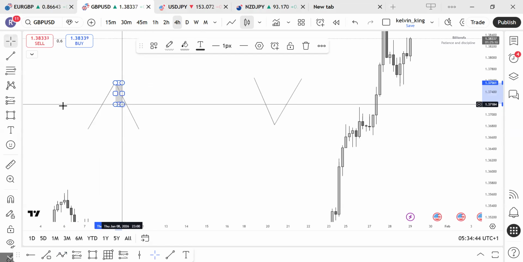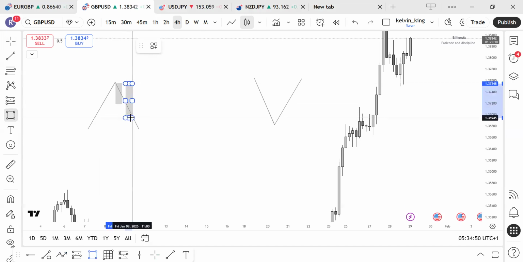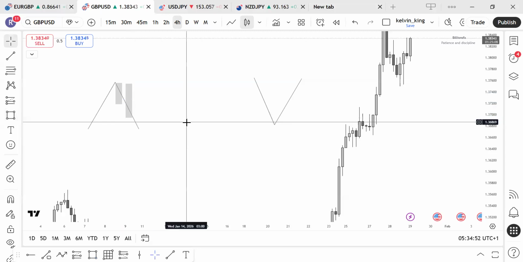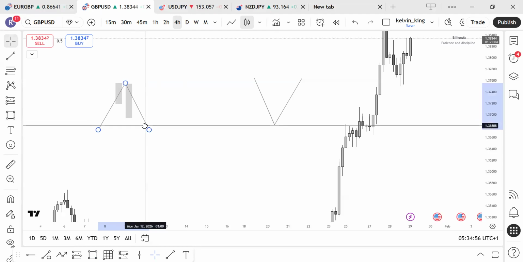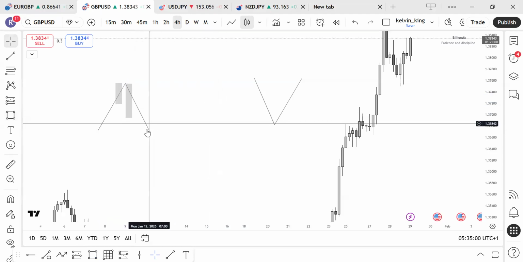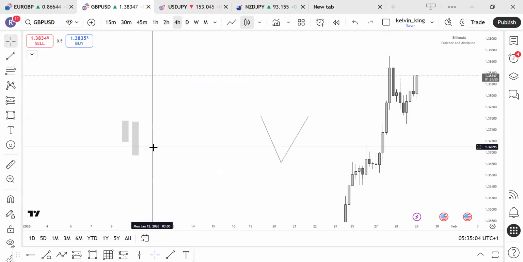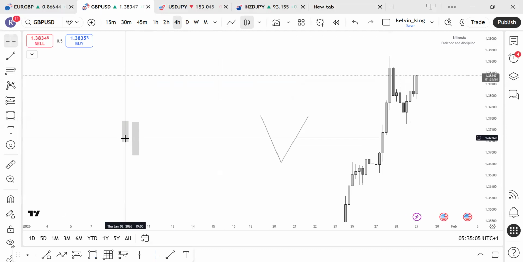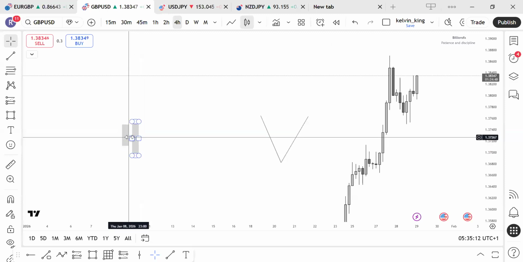Now let's say this right here is a key level, right? Let me remove this. We have a key level here, right?